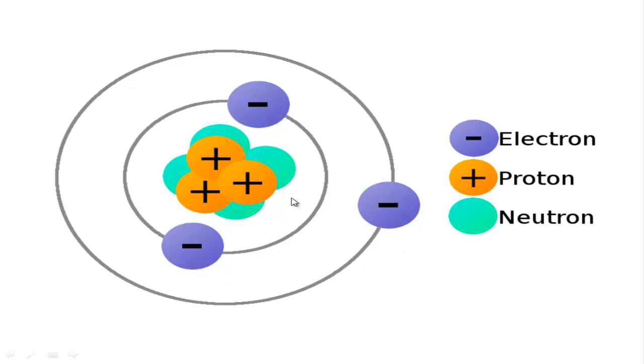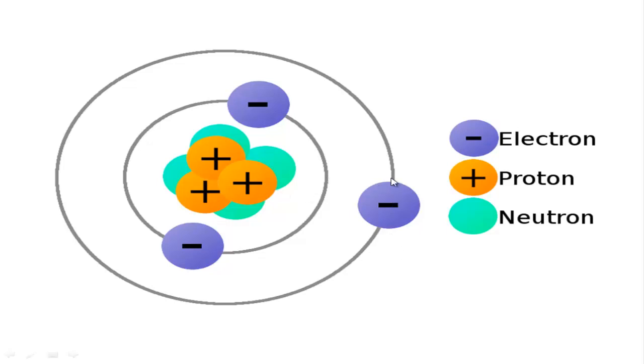At first draw the nucleus, inside the nucleus draw some small circles, and indicate them by a line. This is proton and neutron, and outside of the nucleus you have to draw more circles, putting small circles as electrons, and this way you can draw an atomic structure, and you have to label it.